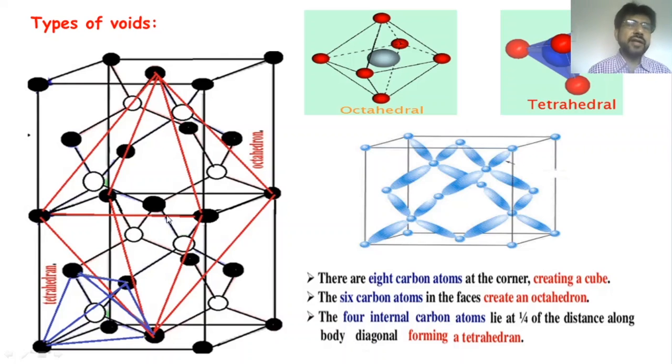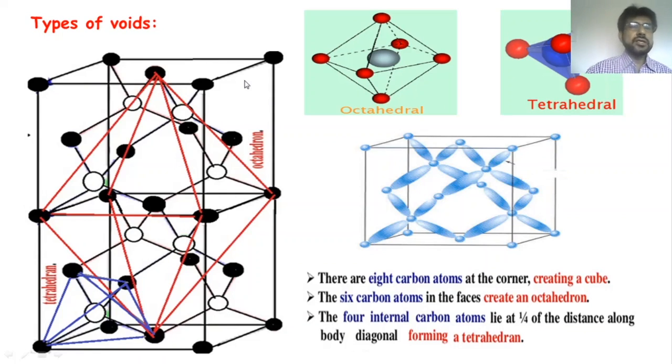the 8 atoms which are at the corner of this unit cell create the cube. Now the 6 atoms which are at the center of the face of the unit cell will create the octahedron.